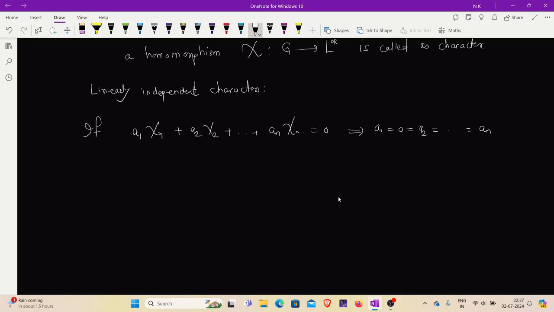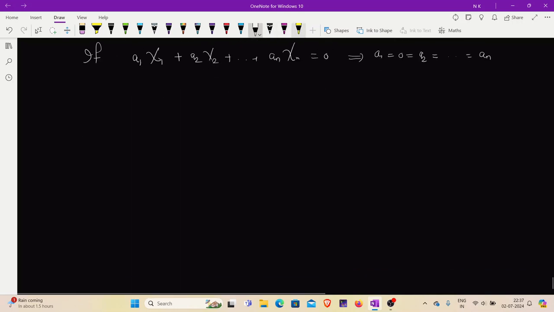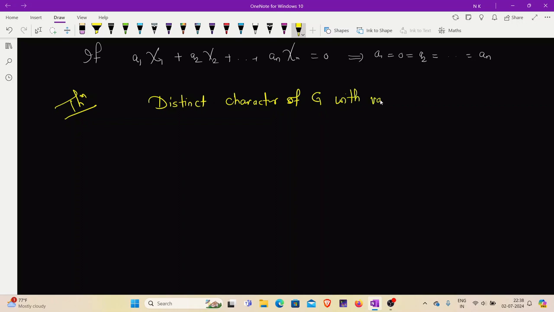Now we will go into one interesting theorem: distinct characters are linearly independent. The theorem says that distinct characters of a group G with values in L are linearly independent over L. So first of all, let us assume that we have some distinct characters.